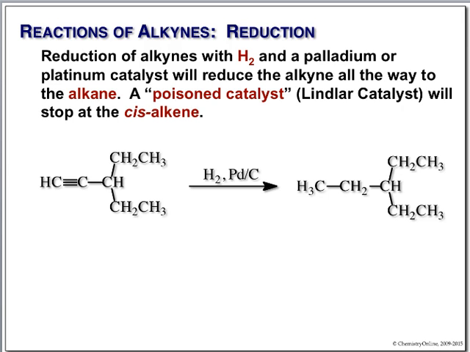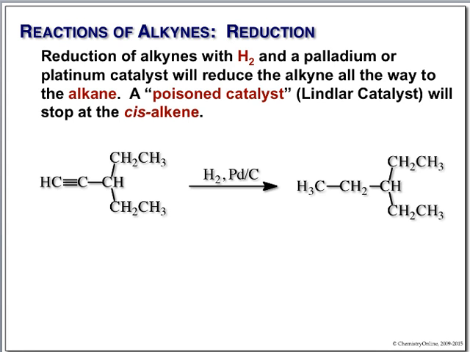If we use our standard hydrogen gas, platinum or palladium, this little /C stands for charcoal, carbon. Platinum and palladium are very expensive, as you might know. You don't need a whole lot of it in order to catalyze this reaction.